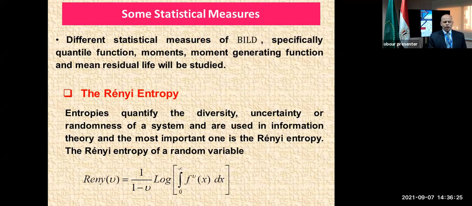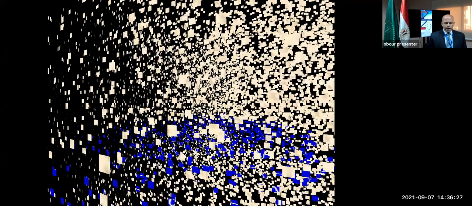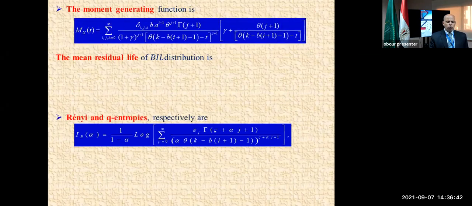Some other statistical measures or statistical properties: the moment generating function. I deduced the moment generating function for this distribution, and the formula is as you see.